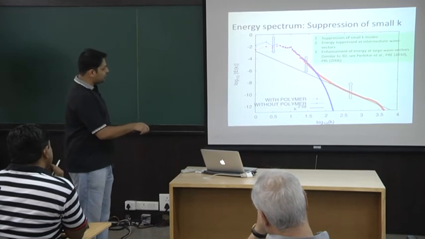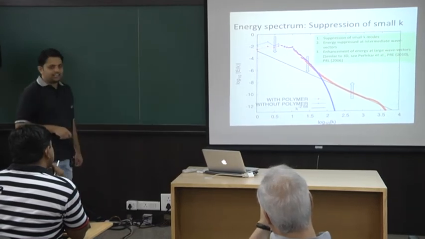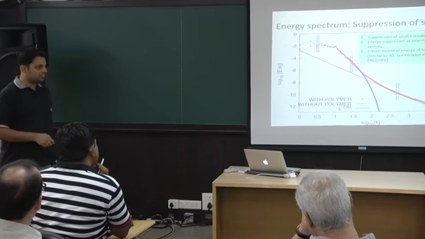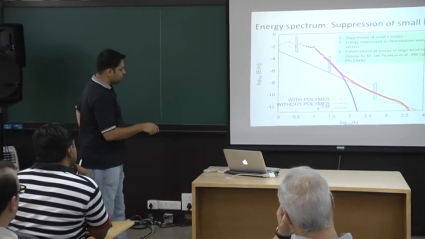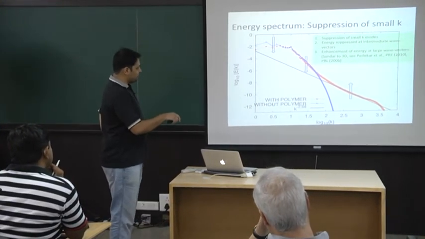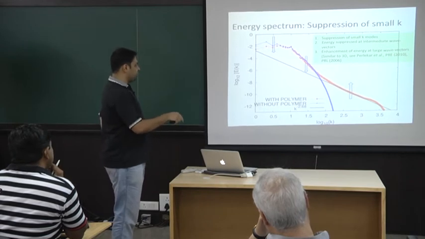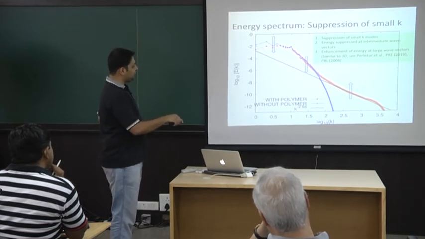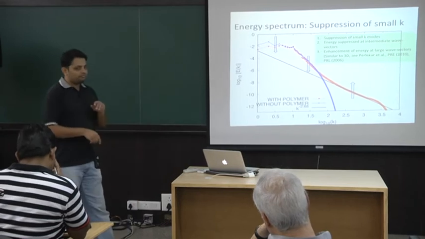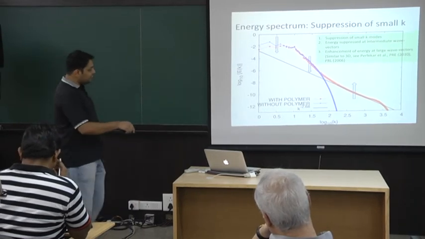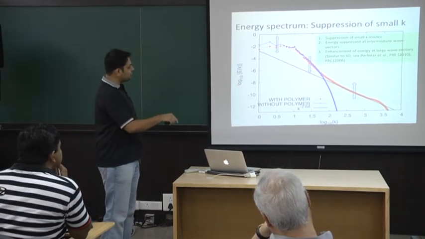One can predict the length scale for this crossover, and that length scale is similar to the balance of the elastic forces with the viscous forces. One can come up with a simple expression like polymer viscosity cubed divided by polymer dissipation, raised to 1/4, and surprisingly that gives a very nice cutoff for the scale where this transfer is happening.